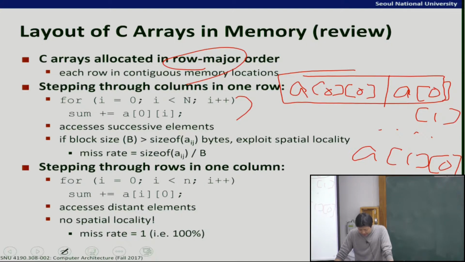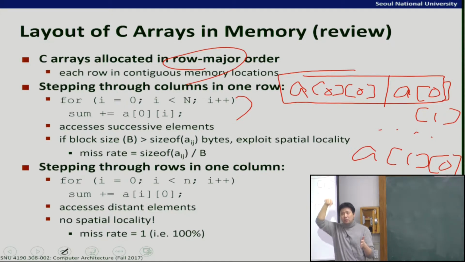If the block size is larger than the element size, then we can exploit spatial locality. In the previous slide, we assumed the cache block size is 32 bytes, and each element only takes 8 bytes, right? So how many doubles can you pack? 4. The first access will cause a cache miss, and then it fetches the entire 32 byte block into the cache.